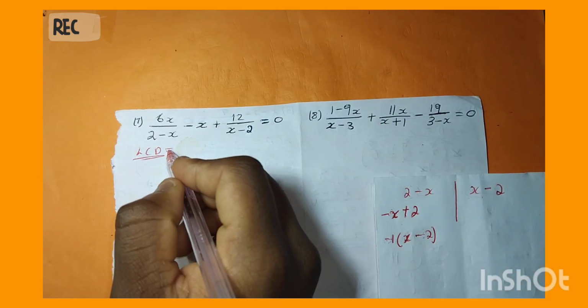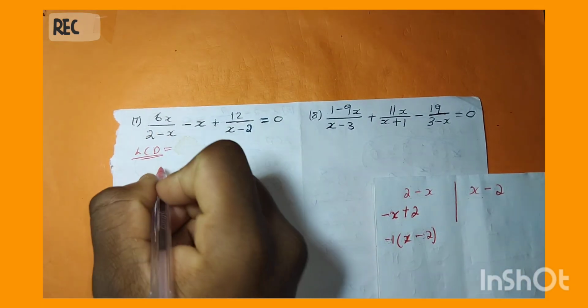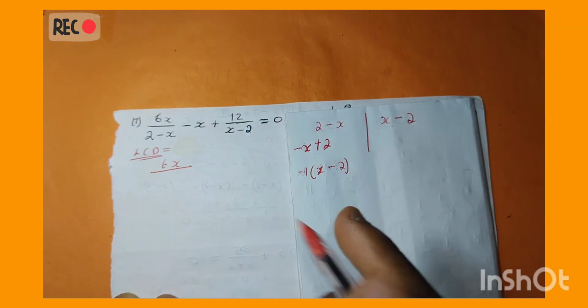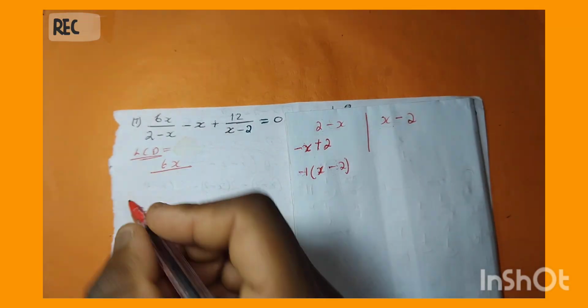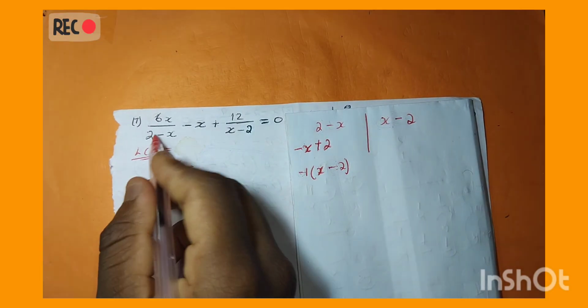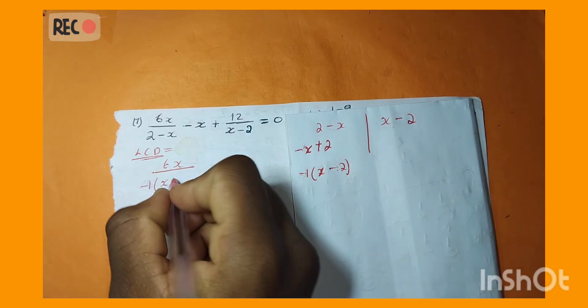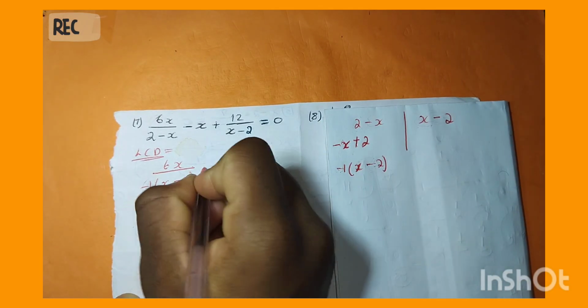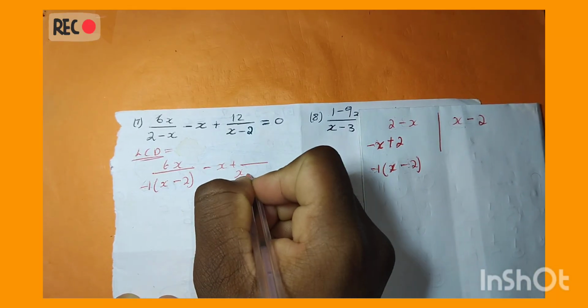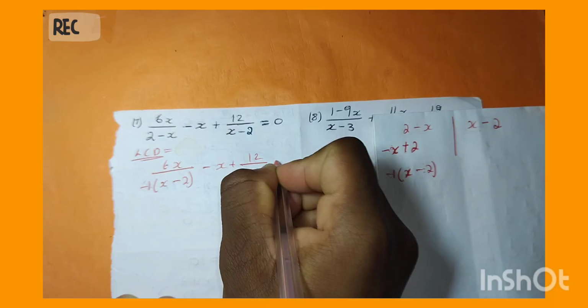Before I take my LCD, I'll change this to become like x. This thing is occurring here from what I just did for you. It will become -1. Divided becomes positive, divided becomes negative. And here it's x positive, by the way, and 2, 12, which is 0.